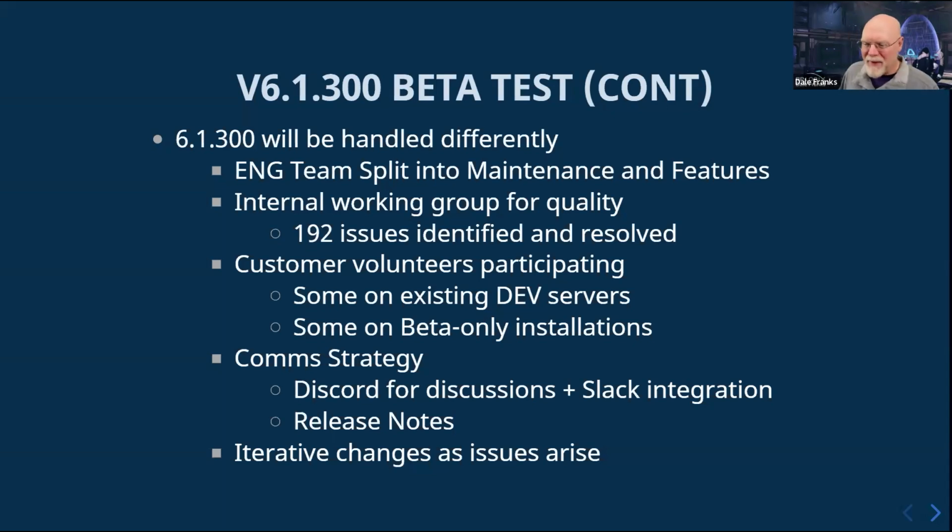We may be doing some interesting things here, but what we have done is, first of all, we have created a Discord server so that our people, although when I say our people, a lot of our people are going to be me, can communicate directly with the beta customers. We've set up a Discord server, and we've integrated it with our own internal Slack messaging system.